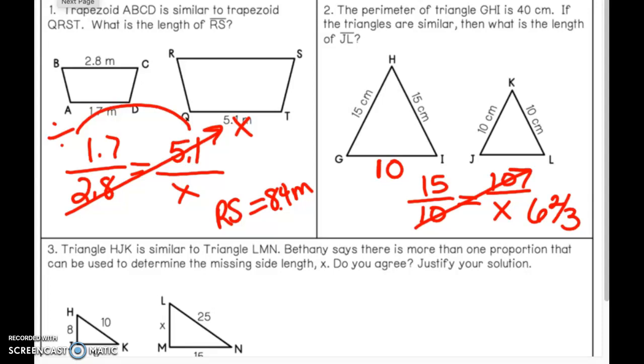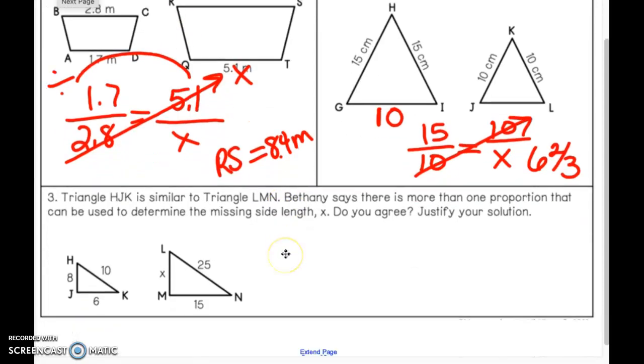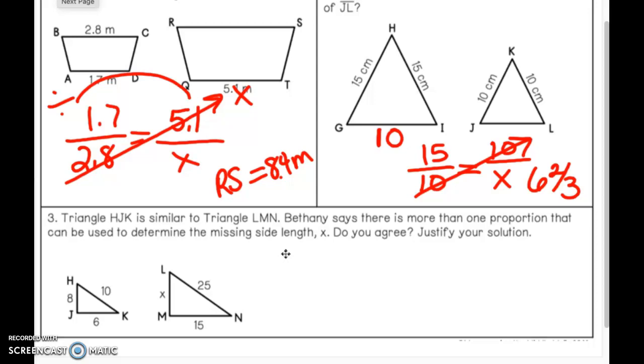All right, number 3, triangle HJK is similar to triangle LMN. Bethany says there is more than one proportion that can be used to determine the missing side length. Do you agree? So we could use 8 over 6 equals x over 15 because 6 and 15 are the same side.